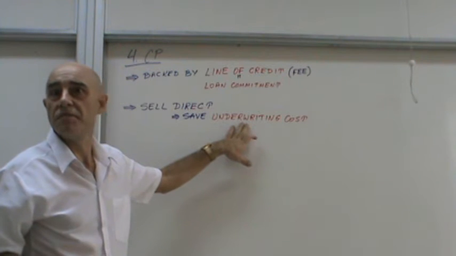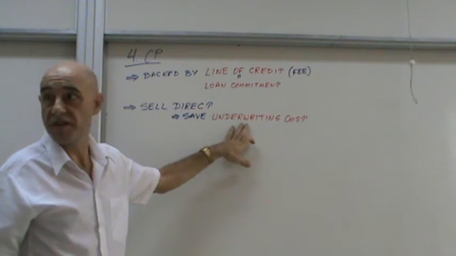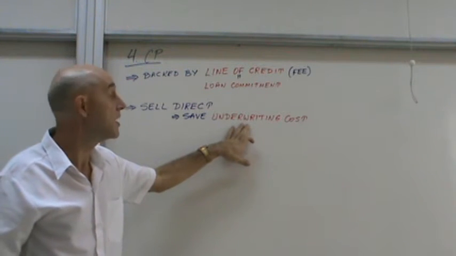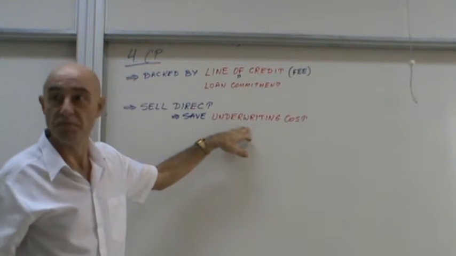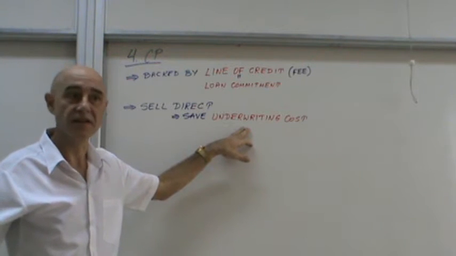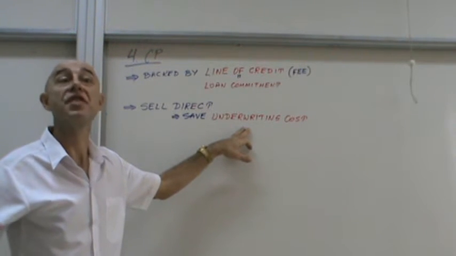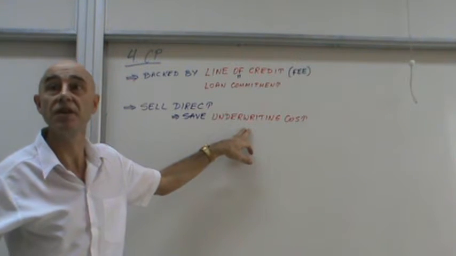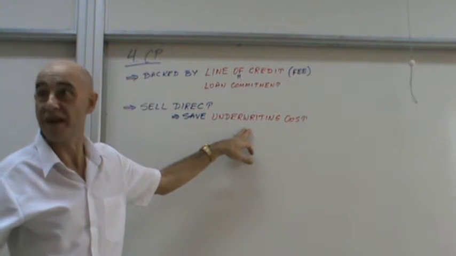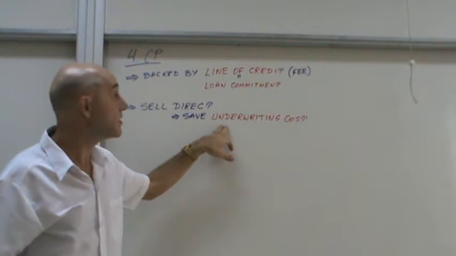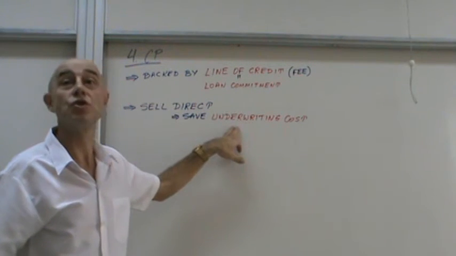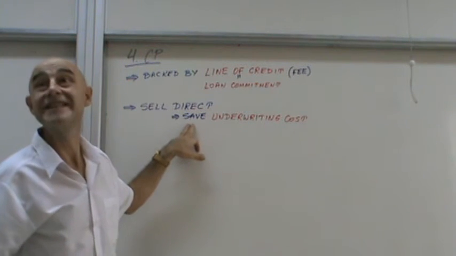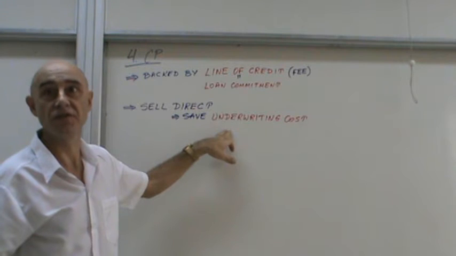To underwrite means to assume the risk of something, to assume the risk of issuance. And underwriting is the process of selling securities through a financial intermediary. The financial intermediary is called an investment bank.